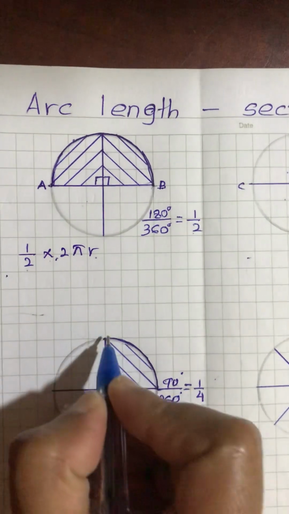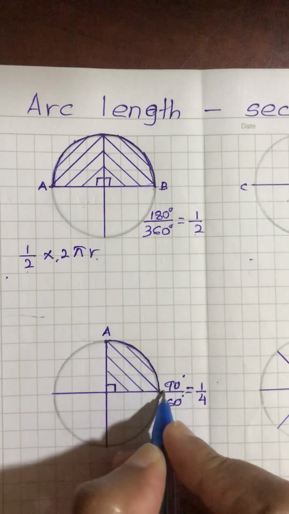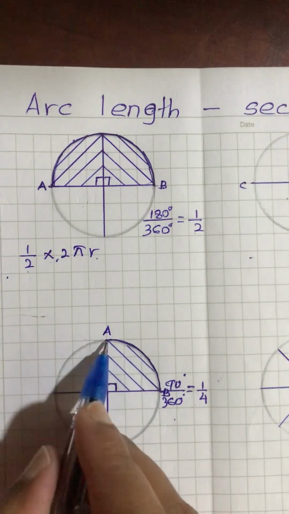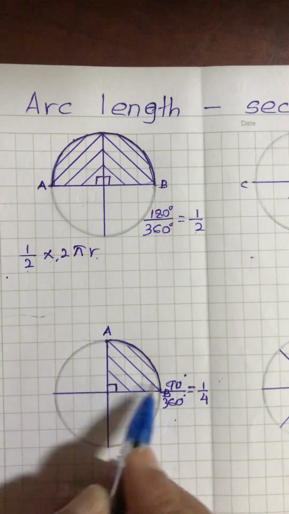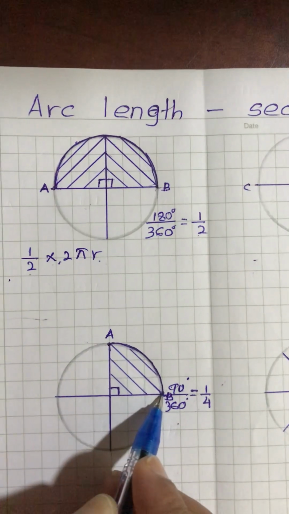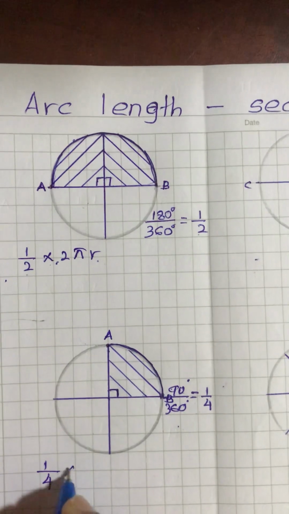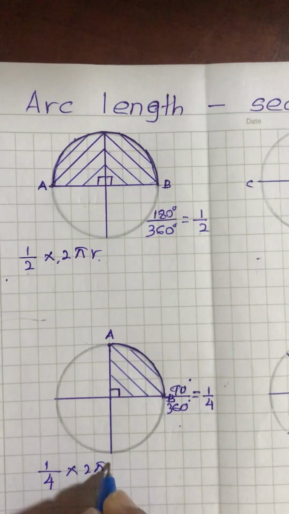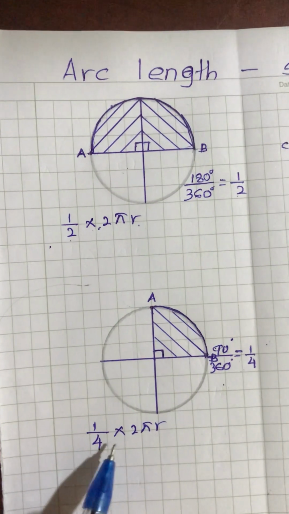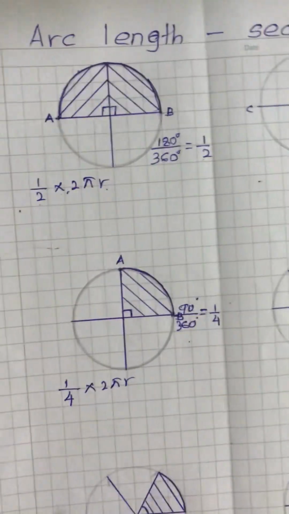So if you want to go from A to B, walking along, and you want to find the length of this road, that is 1/4 of the perimeter of the circle. So you multiply it by 1/4, that means you divide it by 4.